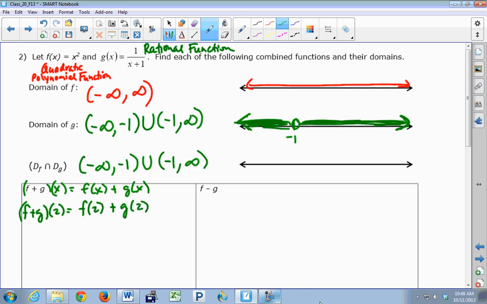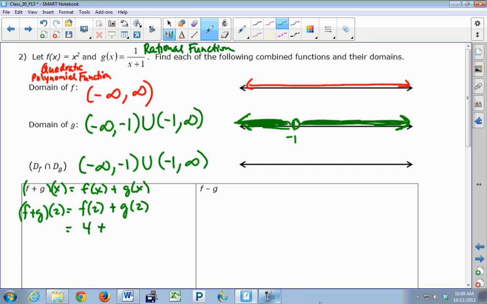So what would f of 2 be? Tara, can you help me with that? F of 2? That just means that I go up to my f function, and where you see x, you replace it with a 2. Yep, 4.